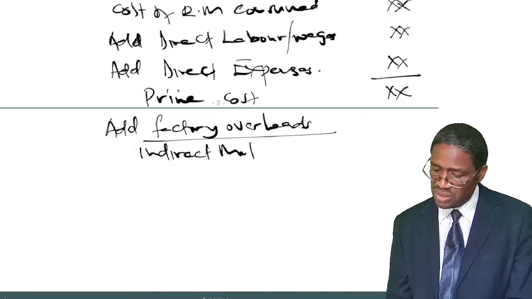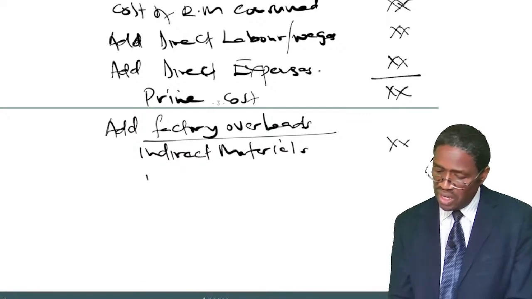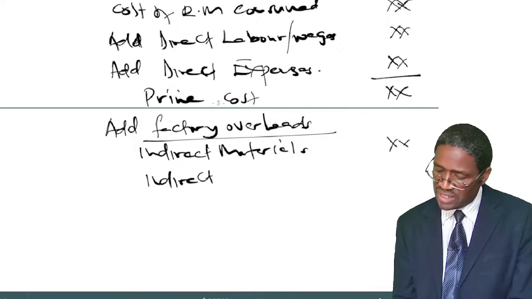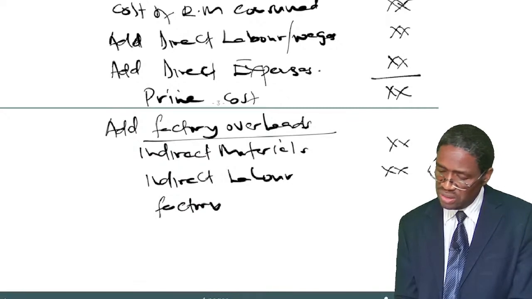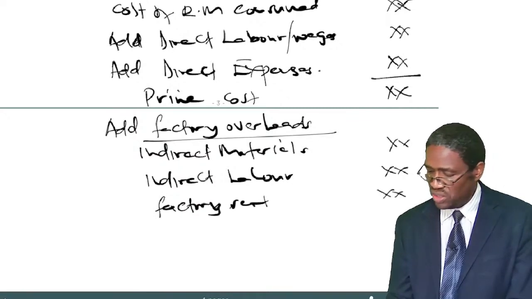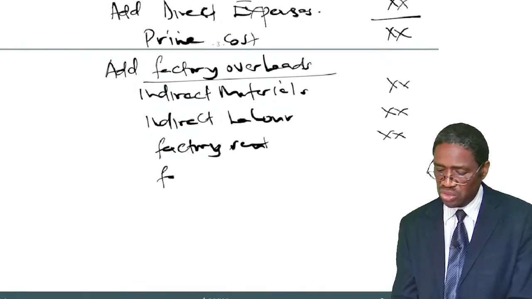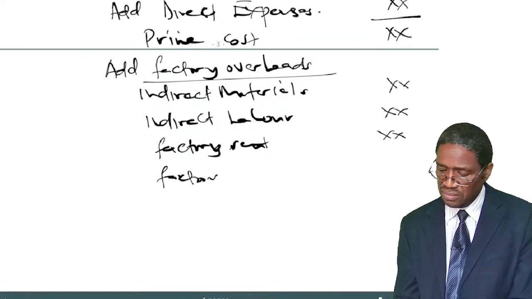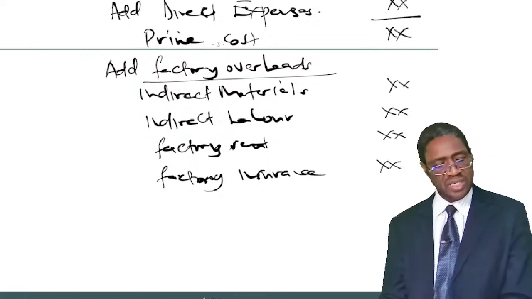I also gave another example like indirect labor. Whatever it is. I gave examples like factory rent, and factory insurance. Put it down. Factory insurance.